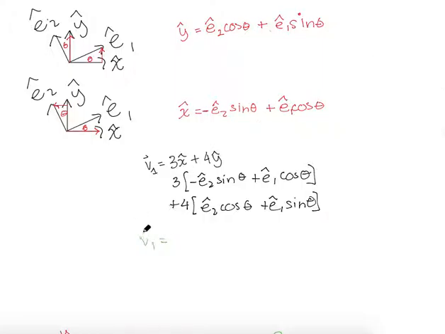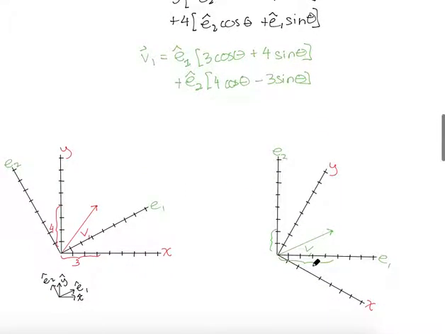We got V1 now expressed in the E1, E2 plane, which is 3 cosine theta plus 4 sine theta, plus the E2 direction, 4 cosine theta minus 3 sine theta.